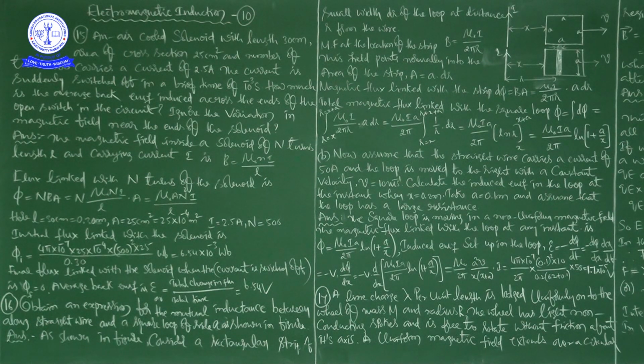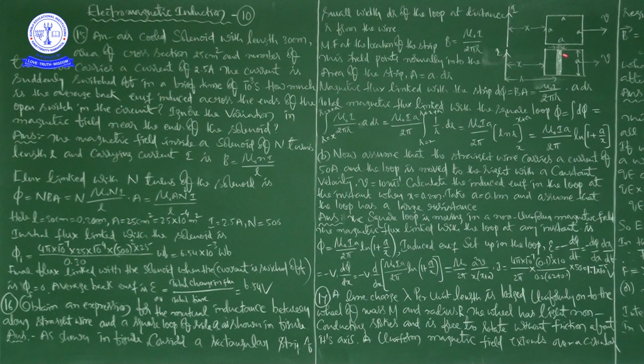Now, this field points normally into the plane of the loop. I didn't write it here, but I am saying this field points normally into the plane of the loop.